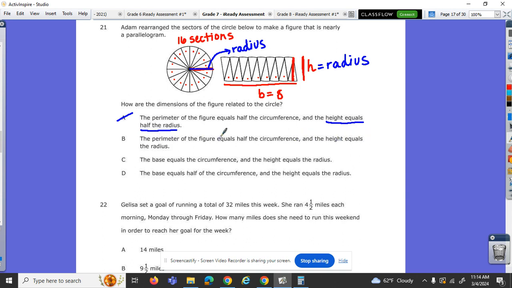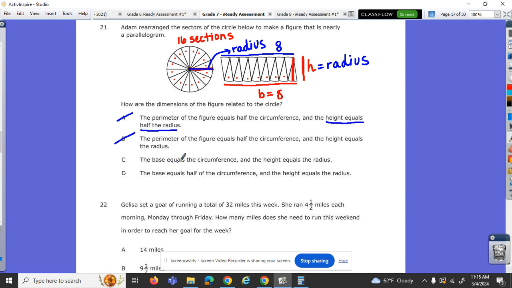Well, the perimeter of the figure, that would be our parallelogram, would not equal half of the circumference. Because remember, if this is 8, this side is also 8. So it wouldn't be half, it would actually be all of it. So that one does not fit.